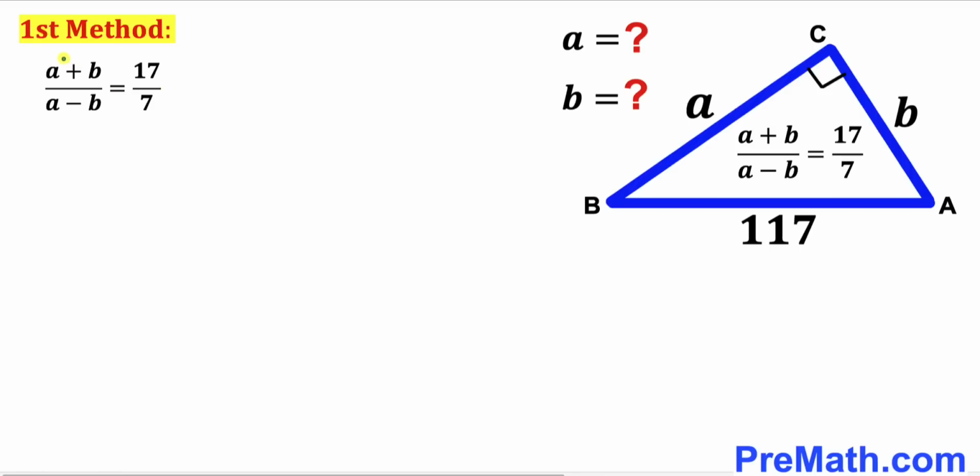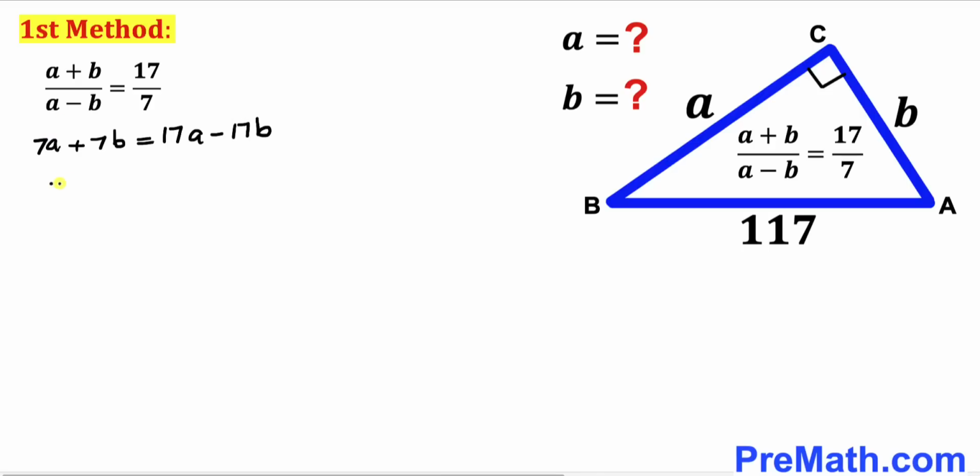We know that (a plus b) divided by (a minus b) equals 17 divided by 7, and I'm going to cross multiply. So we get 7a plus 7b equals 17a minus 17b. Now I'm going to move the 7a to the other side, and at the same time move the 17b in the opposite direction.